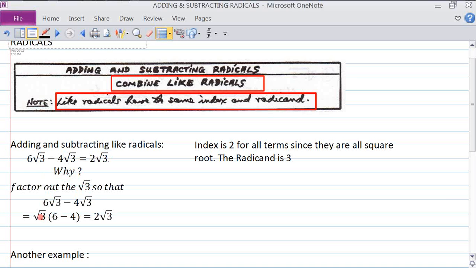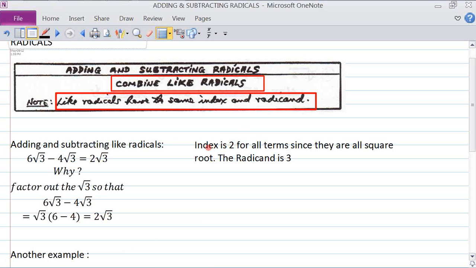If we factor out the root 3 and use the distributive rule, 6 times root 3 gives you 6 root 3, and minus 4 times root 3 gives you the minus 4 root 3. So all we're doing is factoring out the root 3 and using the distributive rule. 6 minus 4 is 2 root 3.